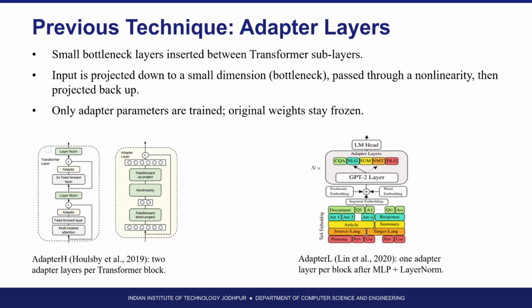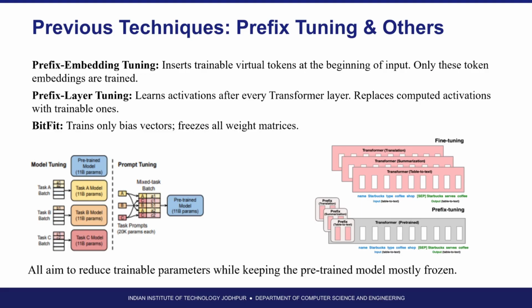There are some other things, like prefix tuning. Prefix embedding tuning inserts trainable virtual tokens at the beginning of the input. Only these special token embeddings are trained. The rest of the model stays frozen. And prefix layer tuning takes this further.